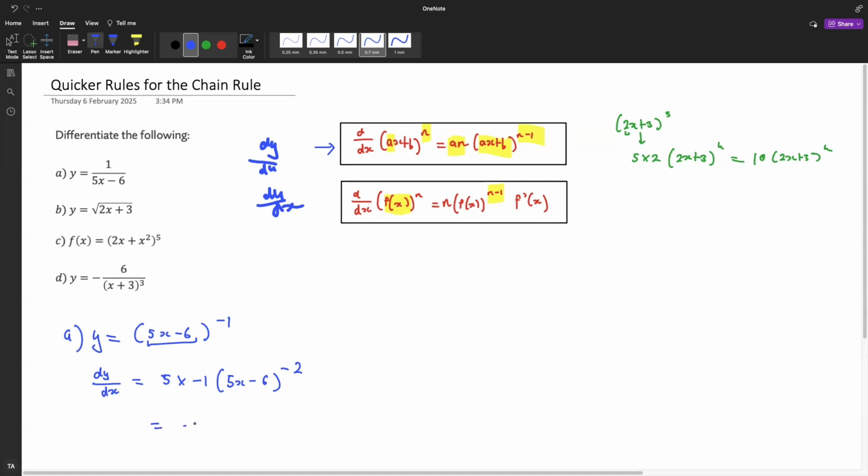Now 5 times -1 is just -5. And to get rid of this -2 in the power, we just bring that down to the bottom again. So that becomes -5 over (5x - 6) squared, and that's your dy over dx. Okay, so as you can see, a lot easier, a lot simpler.